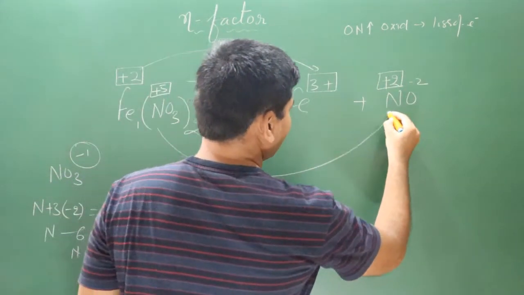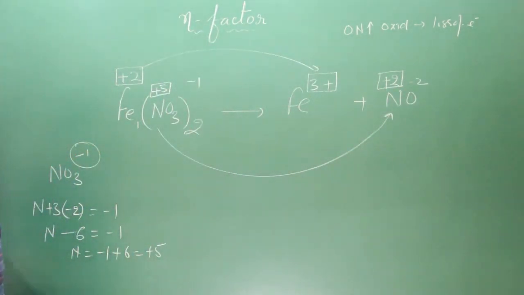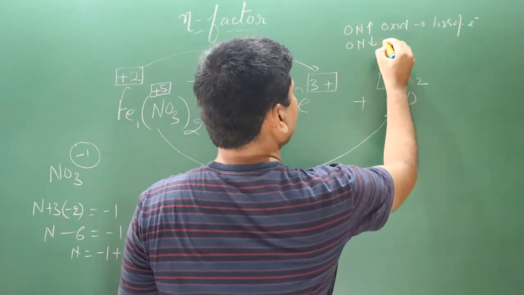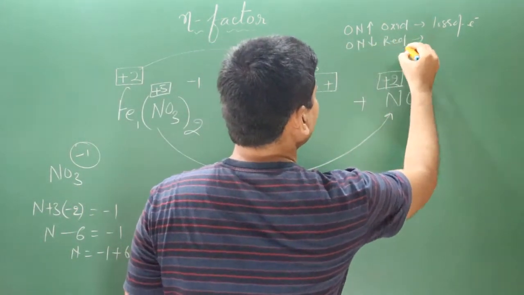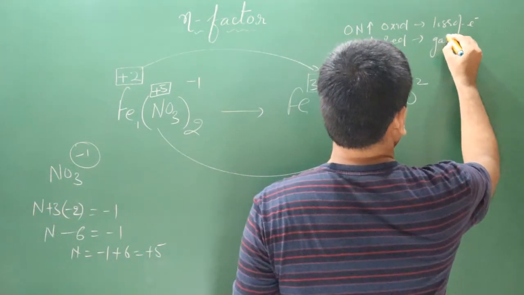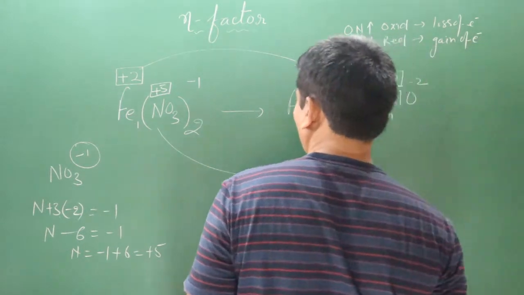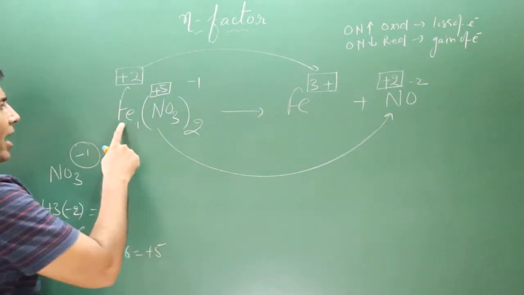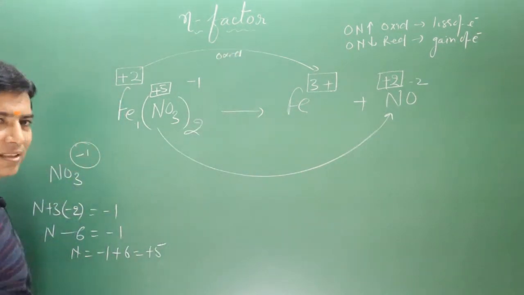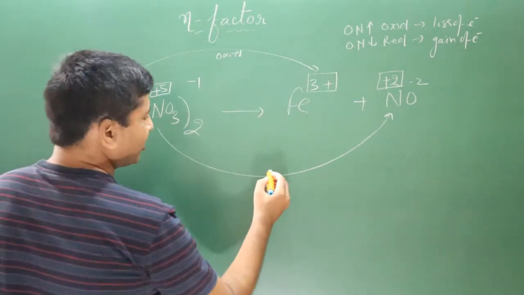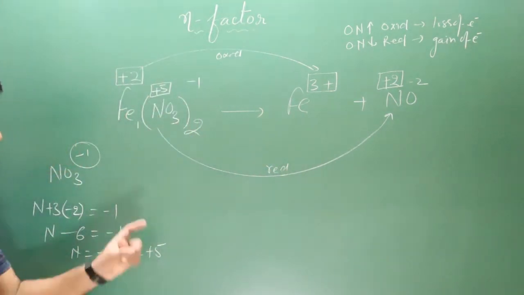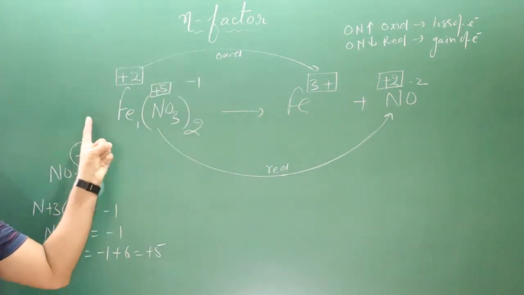We compare +5 to +2: a decrease in oxidation number, and a decrease in oxidation number is always a reduction reaction, and in reduction there is gain of electrons. So Fe2+ undergoes oxidation because of an increase in oxidation number, and the nitrate ion undergoes reduction because of a decrease in oxidation number.